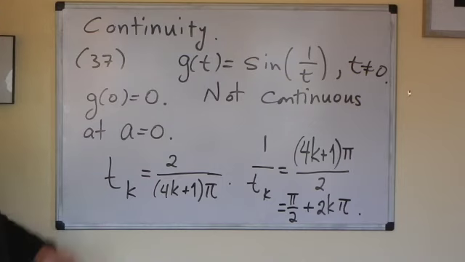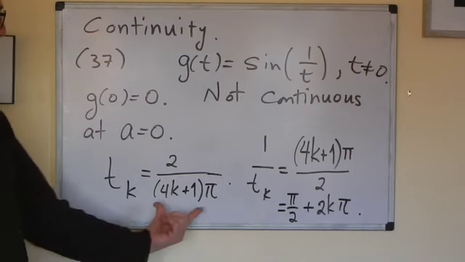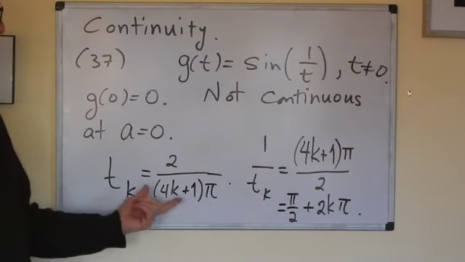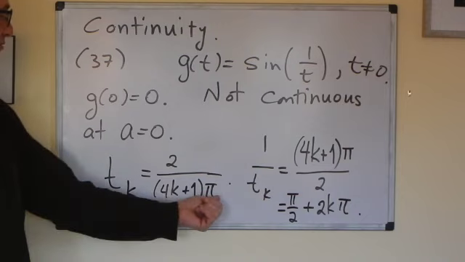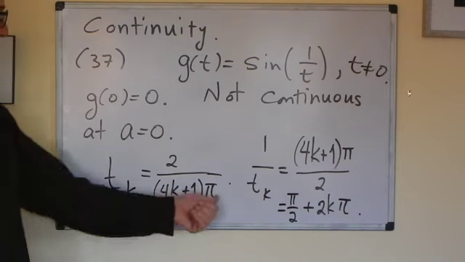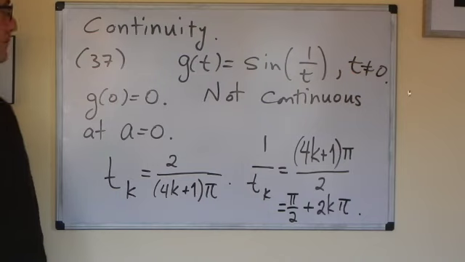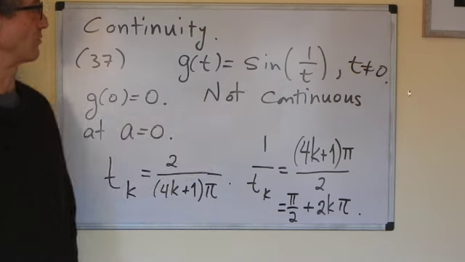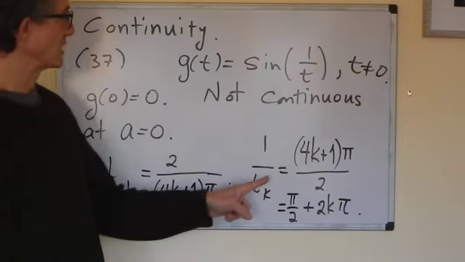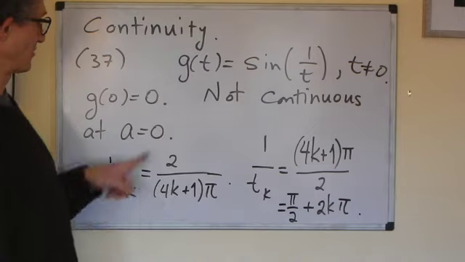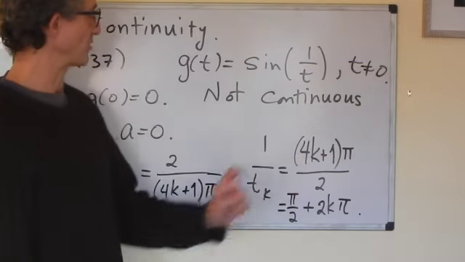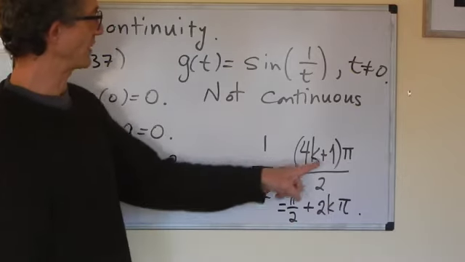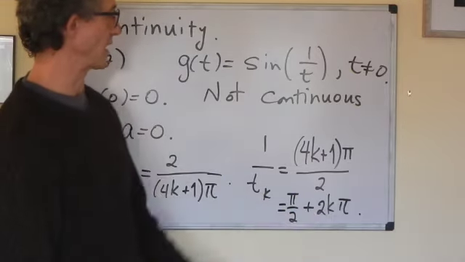If we take t sub k to be 2 over the whole quantity 4k plus 1 times pi, and you'll see this is a multiple of 2 pi and then one more copy of pi, then 1 over t sub k is equal to 1 over this, which is 4k plus 1 times pi over 2, and that is pi over 2 plus 4k pi over 2, which is 2k pi.